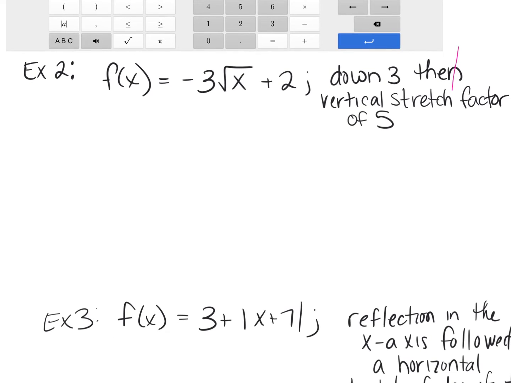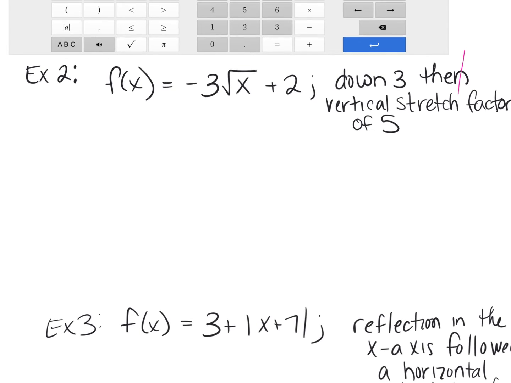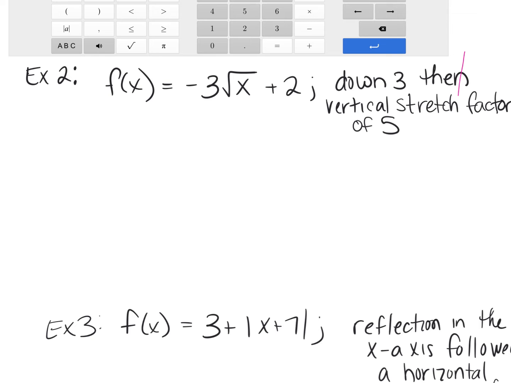Let's do the next one. These transformations are the same whether we're using the square root function or the quadratic, which is x squared. So we're going to throw in some different functions so you get practice using them. F of x in this case is negative 3 times the square root of x plus 2.